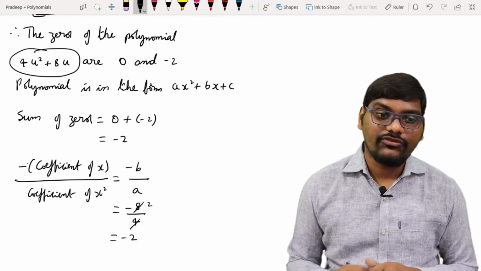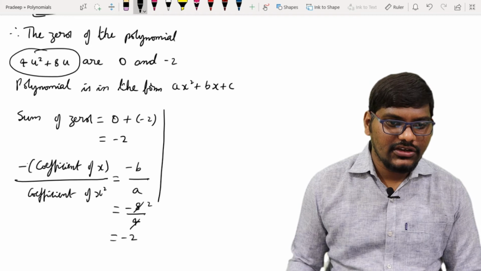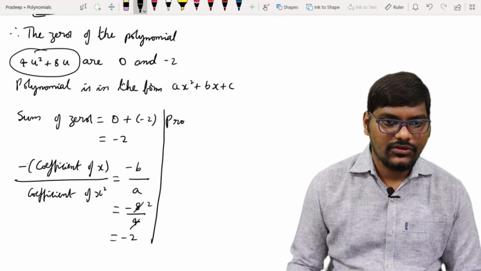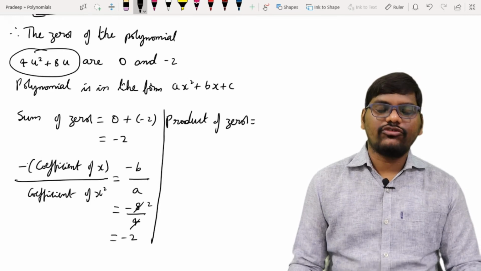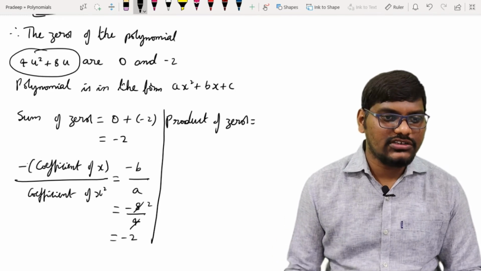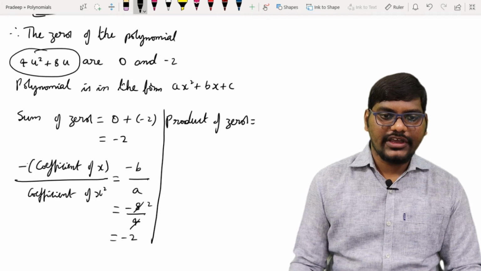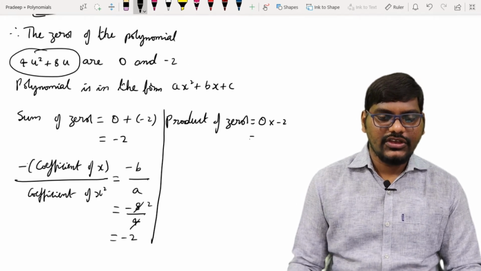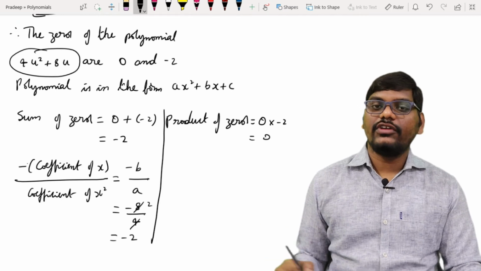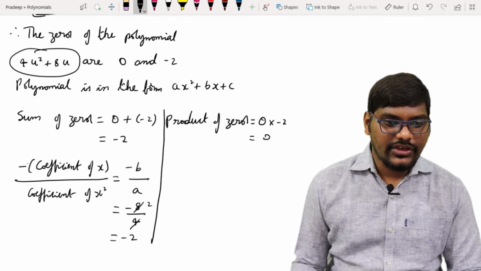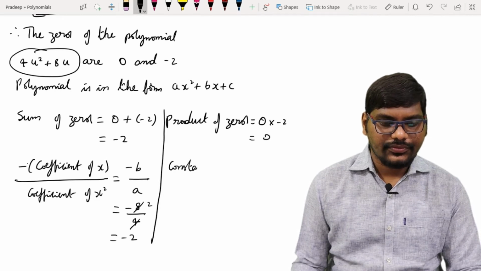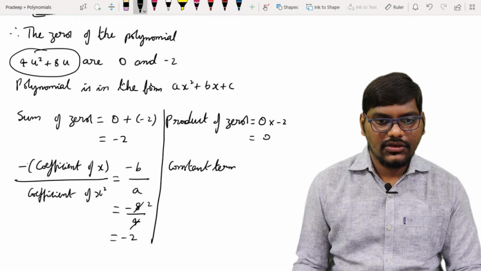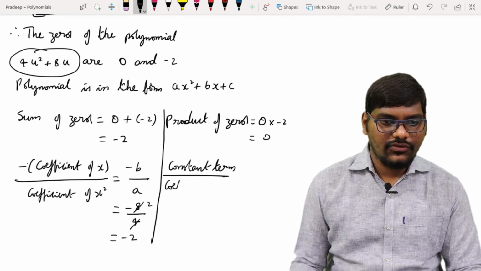So let's write the product of zeros also. So I can write here product of zeros. We just have to multiply the values which we got, 0 and minus 2. So I can write 0 into minus 2, which is 0, the value which we got. So we'll write with respect to coefficients also. So I can write here constant term by coefficient of x square.